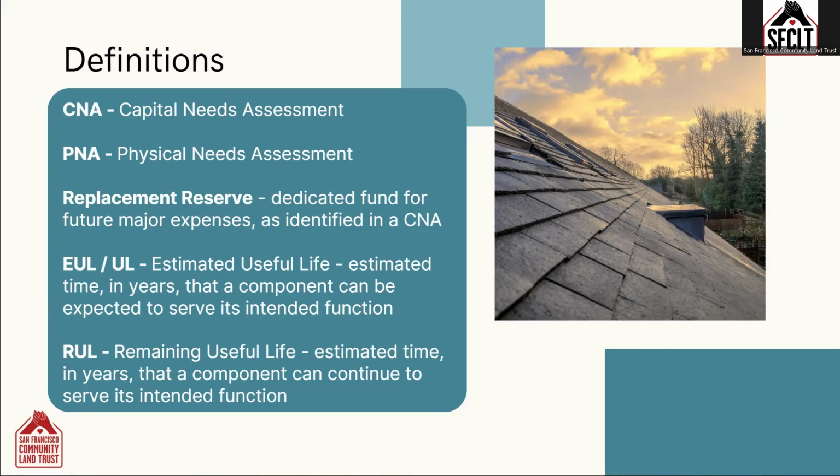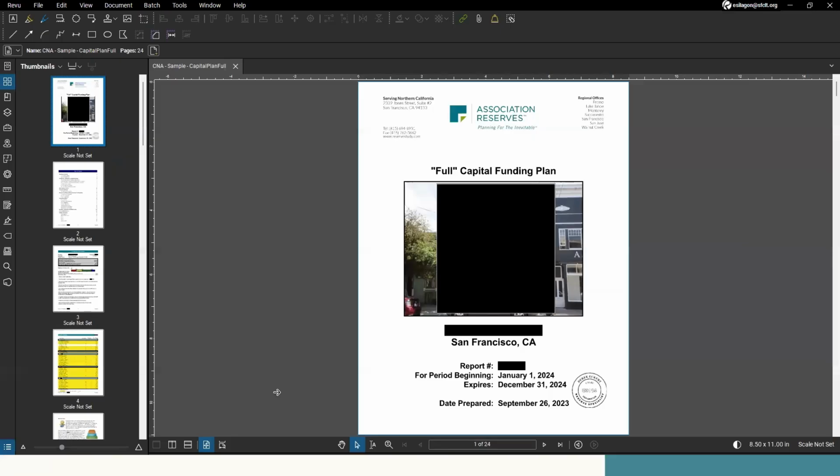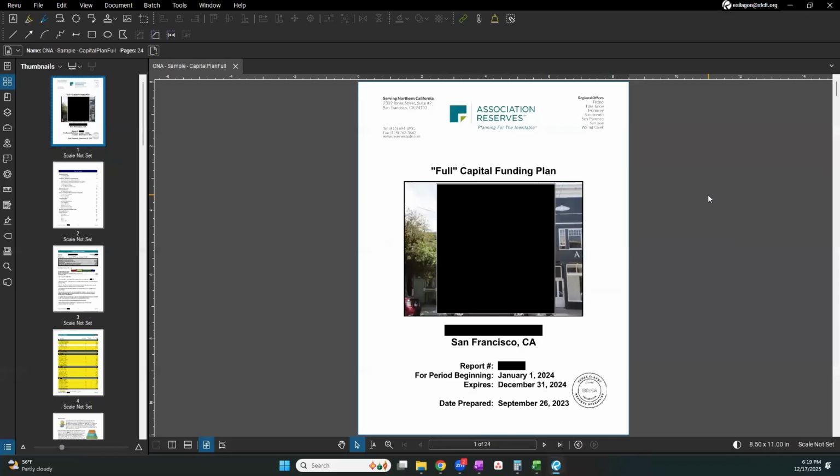All right, so let's get into an actual example of a capital funding report. Let me pull it up here. Our vendor that we love using in San Francisco is called Association Reserves, and they prepare for us this capital funding plan, which includes both a CNA and a reserve study.